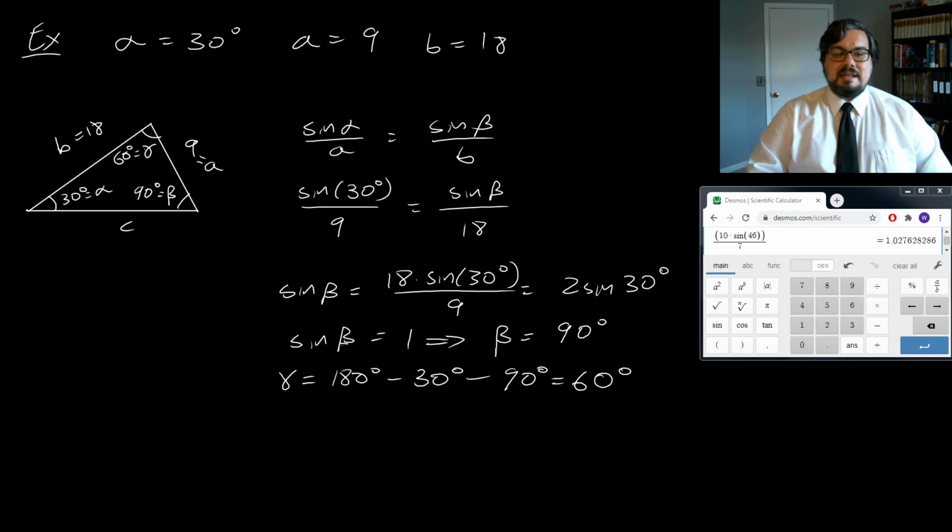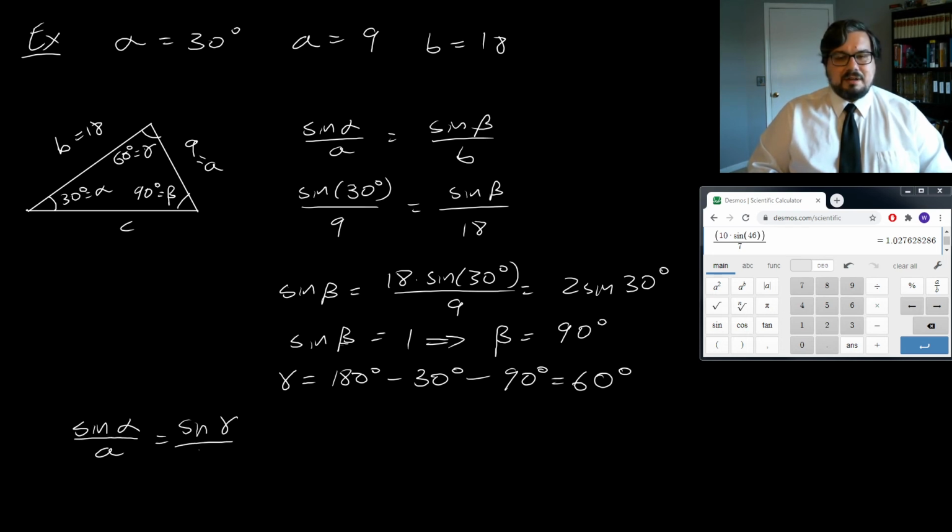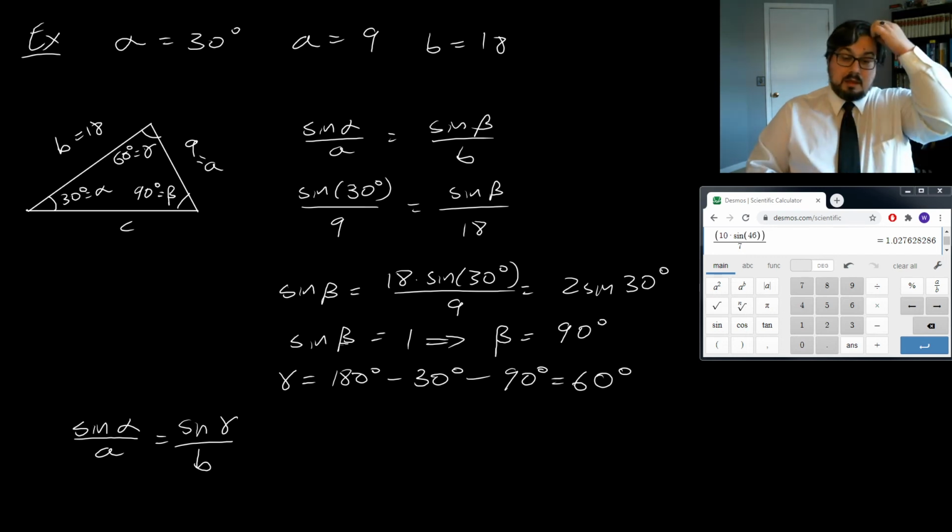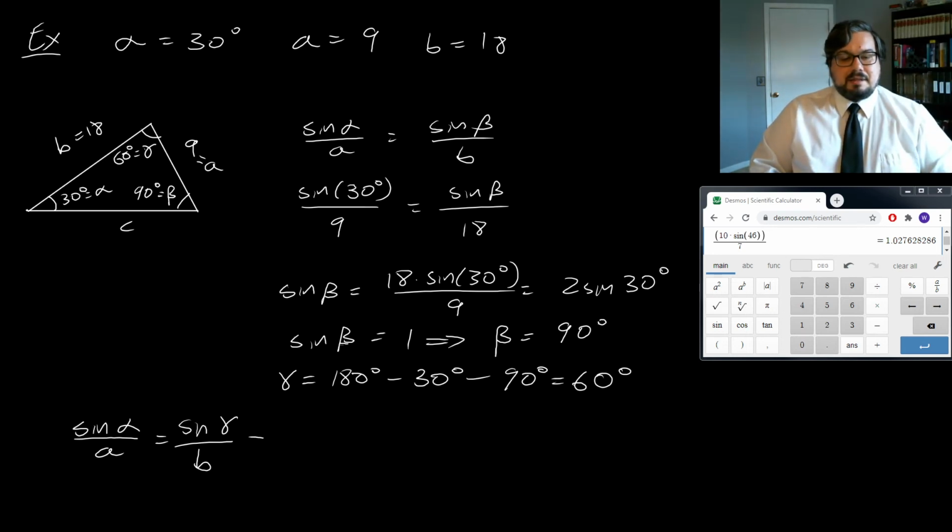And then to get C, we can use the law of sines again. Now, we don't need to because this is a right triangle, but we can. So we can have sine of alpha over A is equal to sine of gamma over, oh, sorry, not over B, that's ridiculous, over C, because C is what we're trying to find.